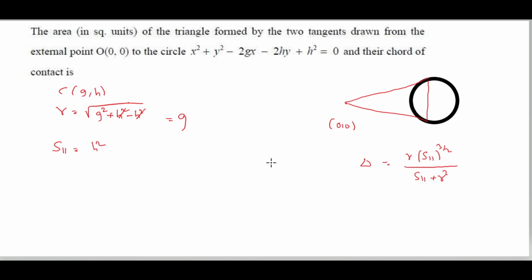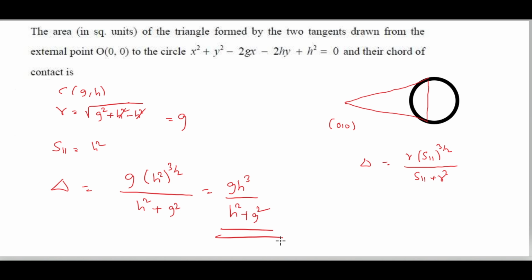Substituting the values in the area of the triangle, delta is equal to R, g into S11, that is h square whole to the power of 3 by 2, by S11, h square, plus R square, that is g square. Here 2 cancelled, that is g h cube by h square plus g square. This is the area of the triangle formed by the tangents and the chord of contact of the circle.